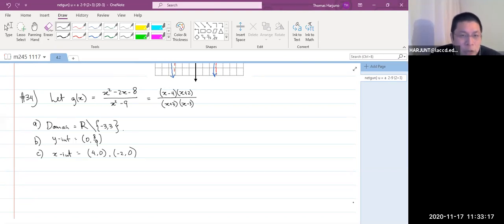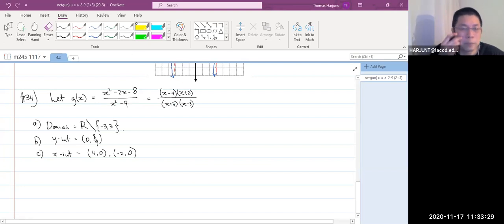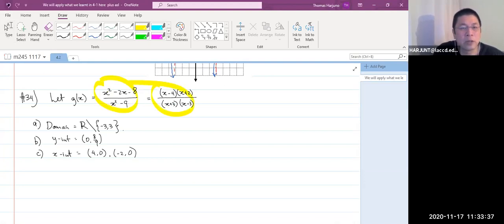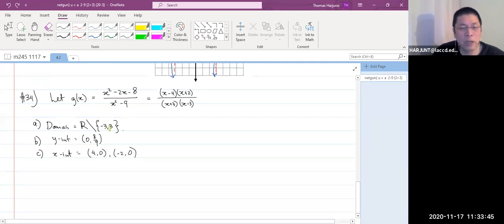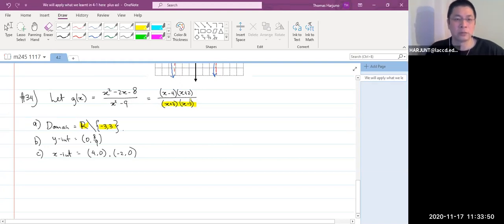For example, for the domain, you look at the denominator of the rational function, right? For the domain, basically no more work, to be honest with you. All you need to do is factor. Once you factor, you need to know what to look at for what question. For example, the domain should be all real numbers except the zeros of the denominator.